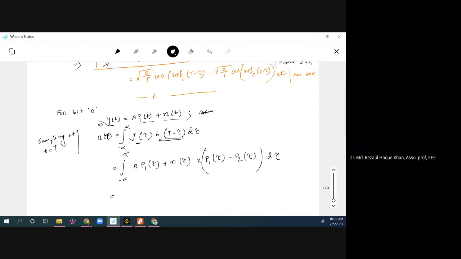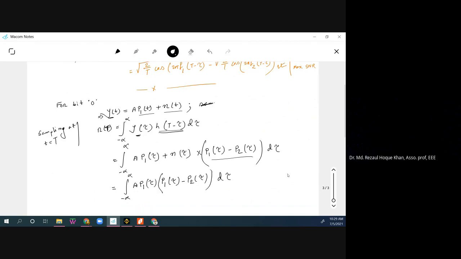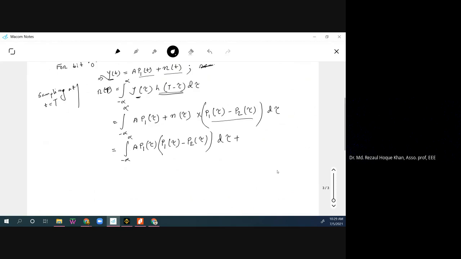Okay, so we can rewrite this equation as the integral from minus infinity to infinity of A p1(tau) times p1(tau) minus p2(tau) d tau, plus the integral of n(tau) times p1(tau) minus p2(tau) d tau.